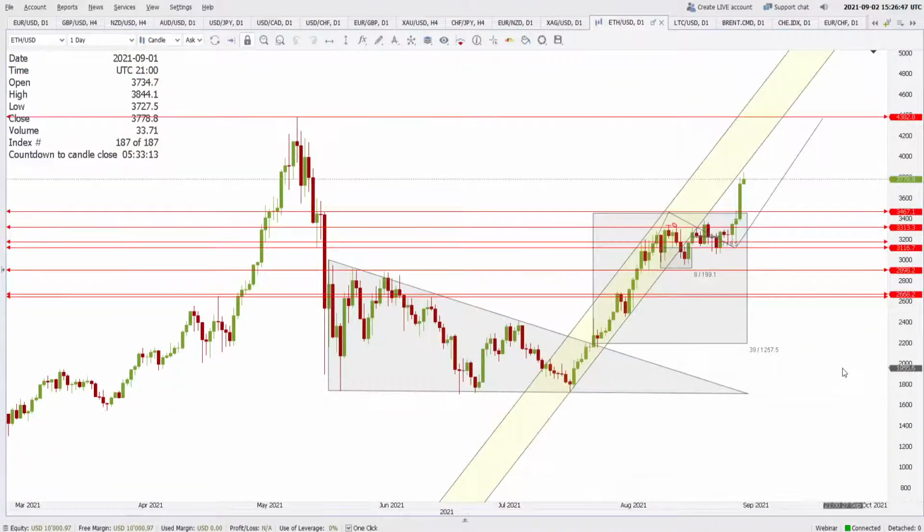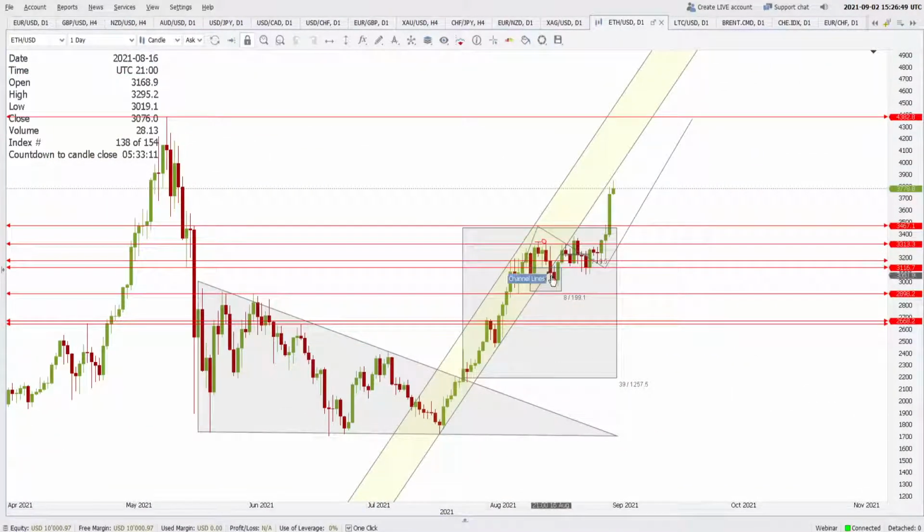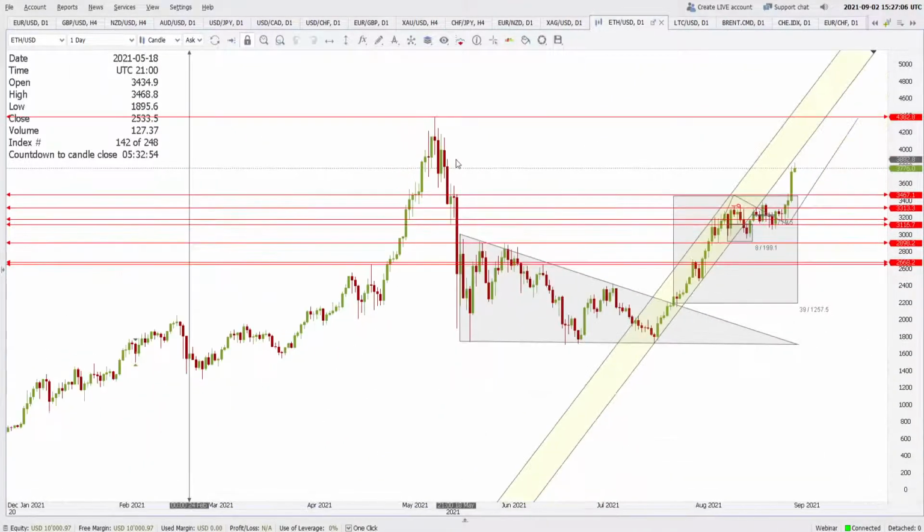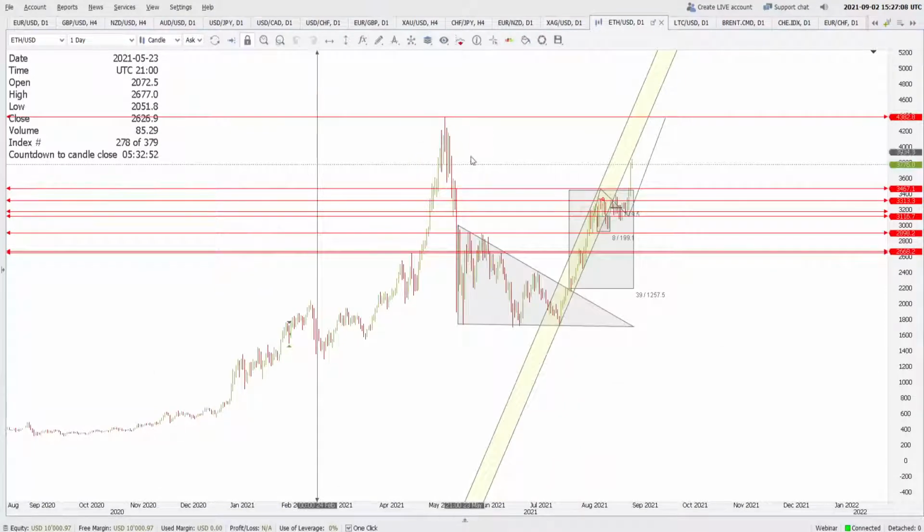Ethereum, very nice price action, broken below this channel support, now is going up and is getting rejected at this channel support again, but still we are expecting much higher prices in the Ethereum. Like 4382 is the target that we are expecting here, which is the recent highs that the price has made.